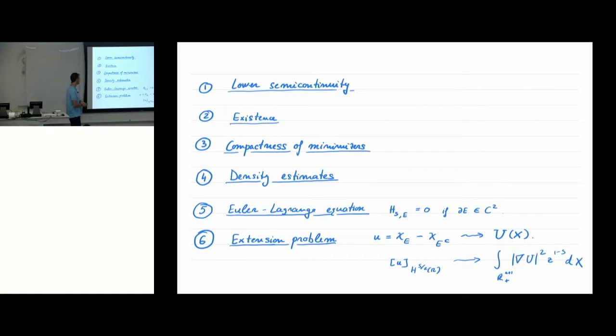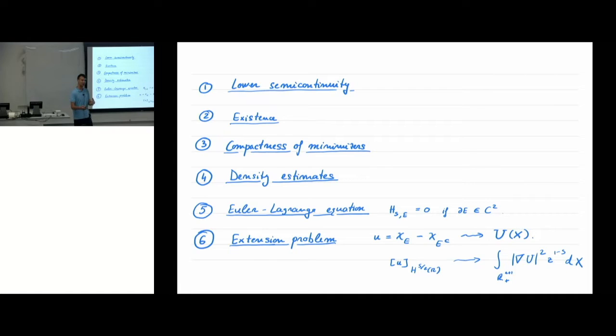We have these density estimates that tell us that if we center balls on the boundary of non-local minimal surfaces, we always see a fixed proportion in the set E and also a fixed proportion in terms of density in the complement of E.